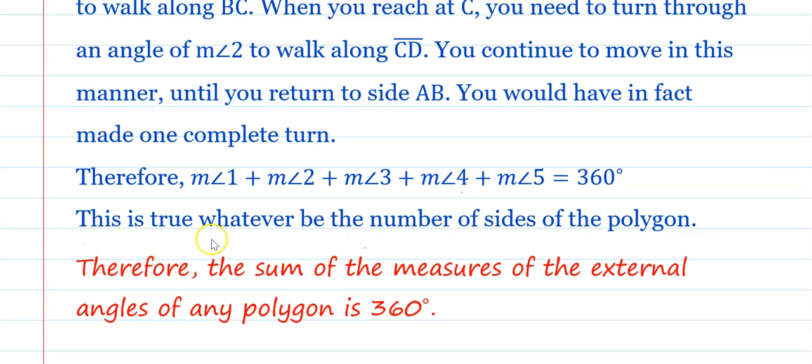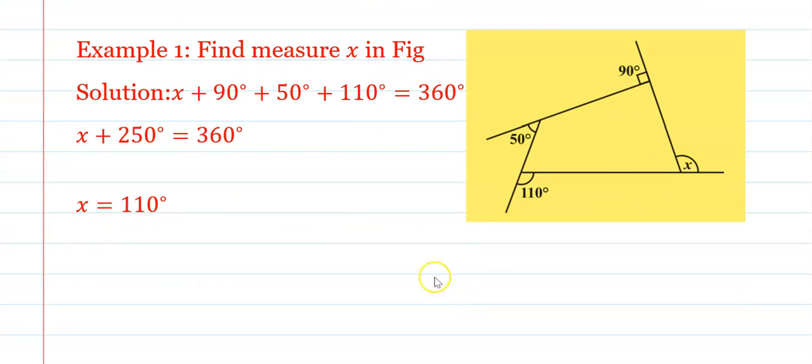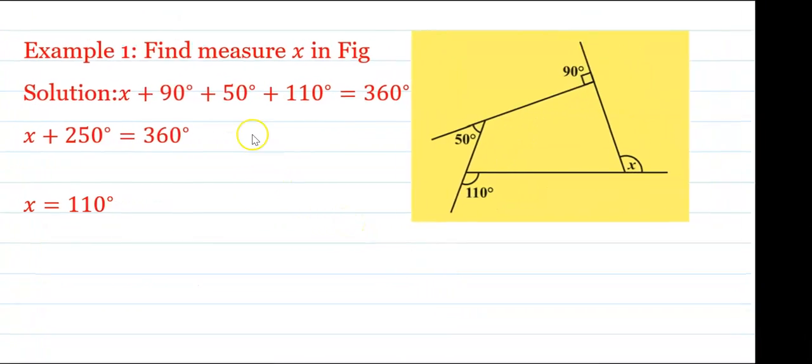This is true whatever be the number of sides of the polygon. Therefore the sum of the measures of the exterior angles of any polygon is 360.